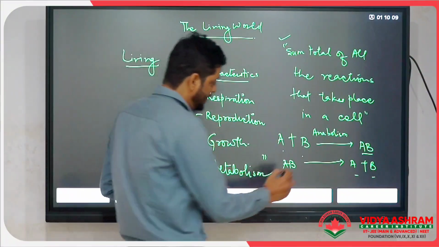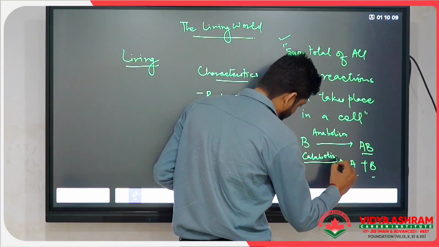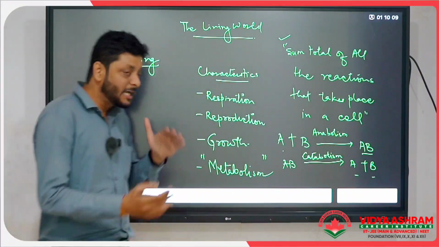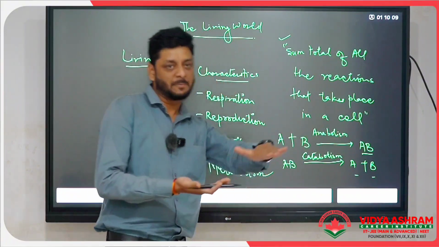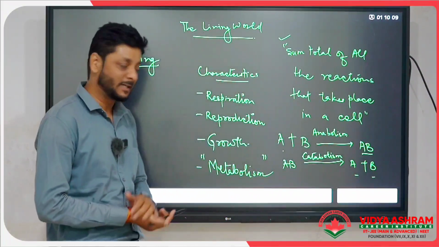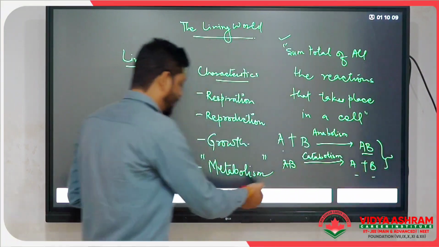So that reaction is called a catabolic reaction. Catabolism. So in each and every cell, anabolic reaction is simultaneously taking place with the catabolic reaction also. And the sum total of anabolism and catabolism altogether is called metabolism.